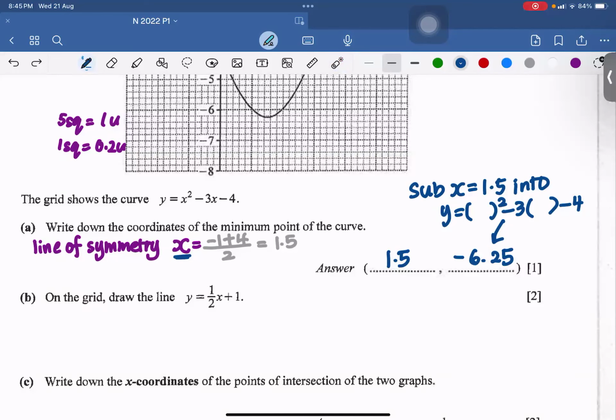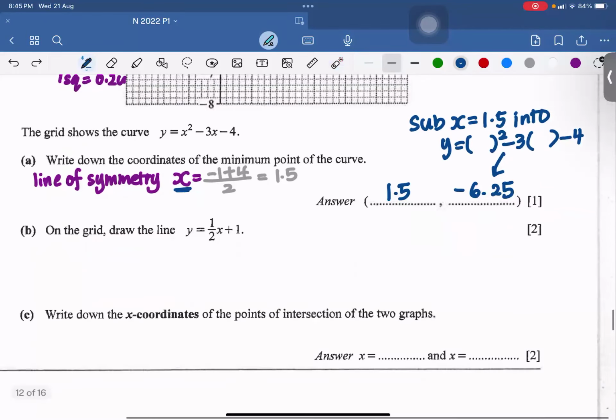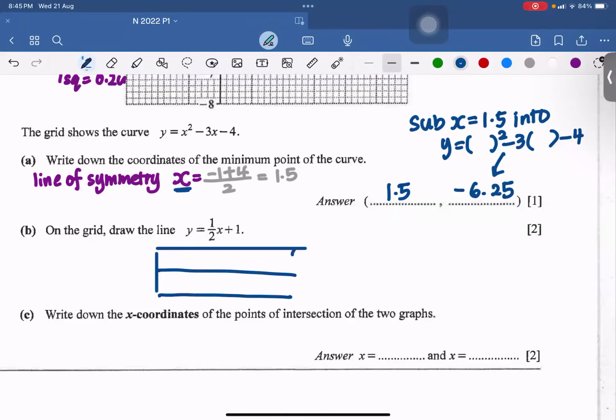Next part: on the grid, draw this line. When you want to draw a line, what must we do first? Nobody gives me an answer, I'm so sad. We must draw a table, a chocolate bar. I need at least 3 points, x and y.